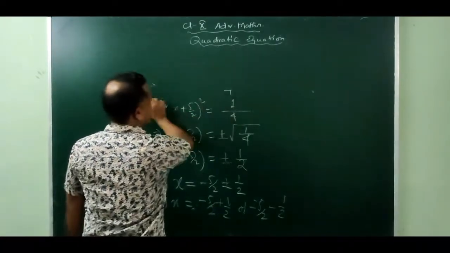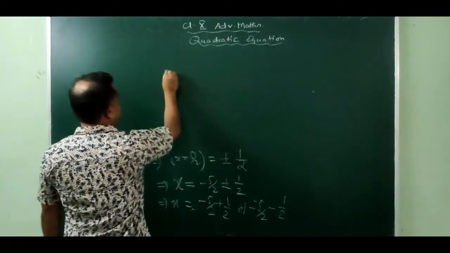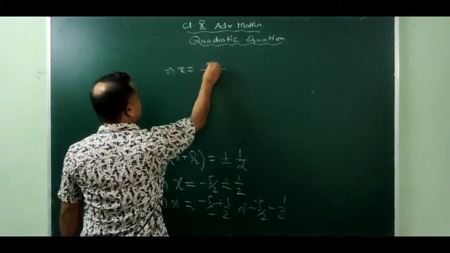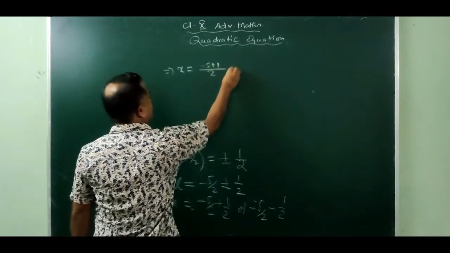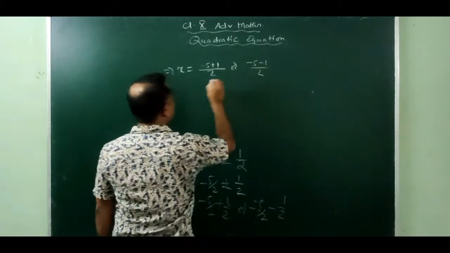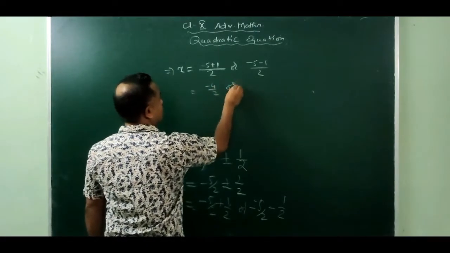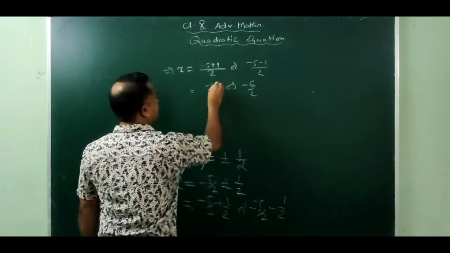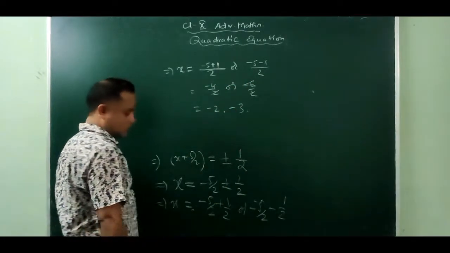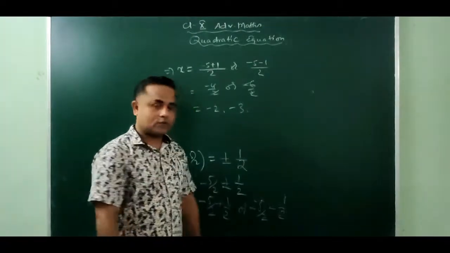So it becomes x is equal to minus 5 plus 1 by 2 or minus 5 minus 1 by 2. So it gives minus 4 by 2 or minus 6 by 2. After cancellation it becomes minus 2 or minus 3. I hope you got it. So the next question we proceed.